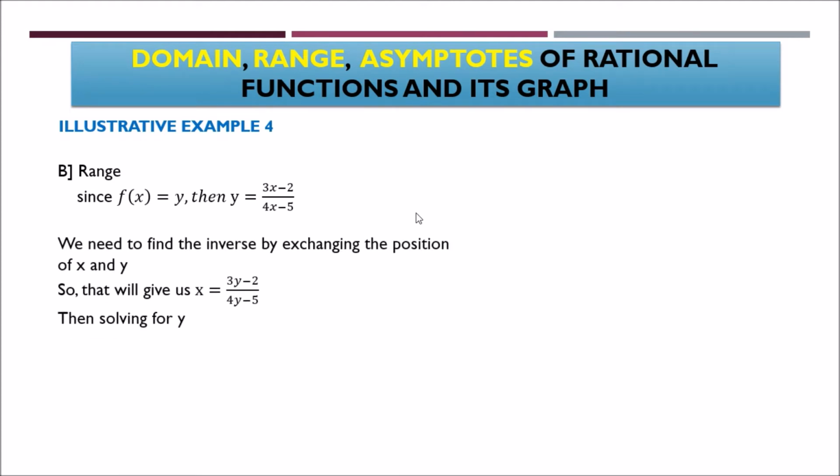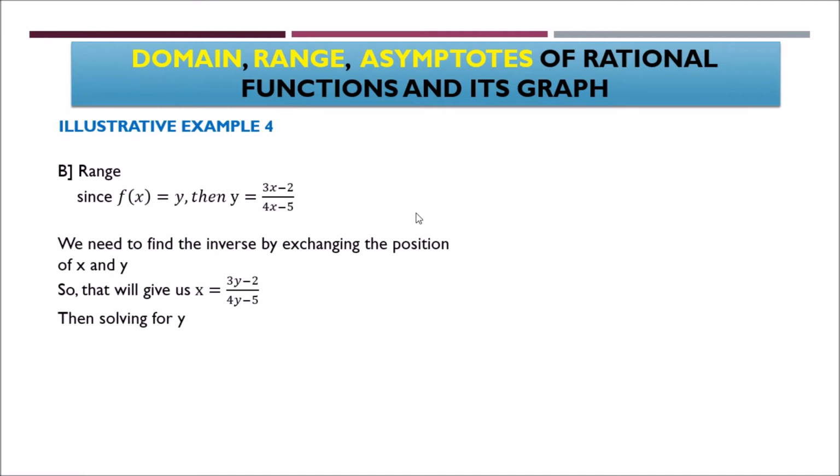We need to find the inverse by exchanging the position of x and y, so that it will give us x equals 3y minus 2 over 4y minus 5. So again, we exchange the position of x and y, so that makes it x equals 3y minus 2 all over 4y minus 5.